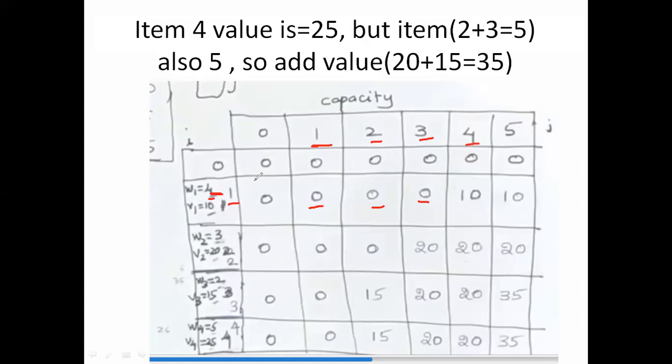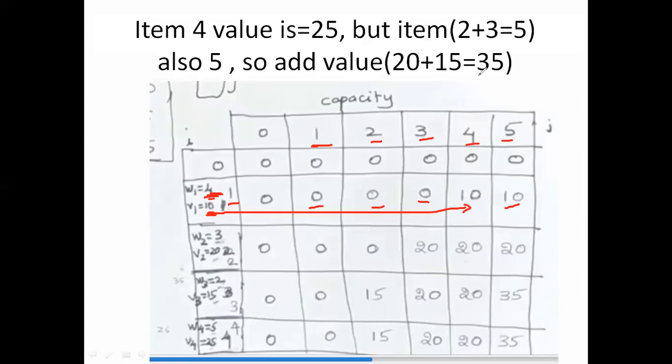For 4 kg capacity, weight 4 kg is possible, so the corresponding value is 10, and we insert that value here. For 5 kg capacity, we have a 4 kg weight. It is possible to hold 4 kg in 5 kg, and because we have only 4 kg, the same value 10 we insert here.